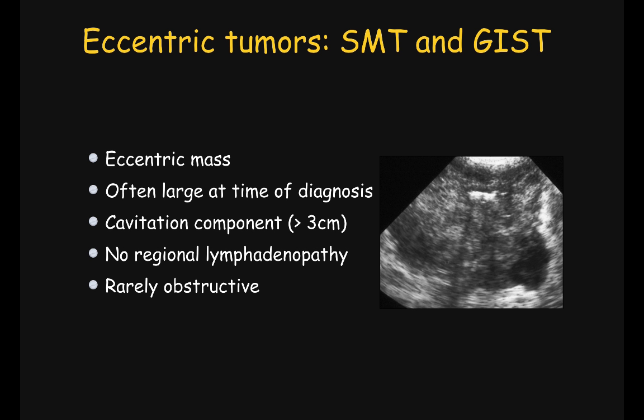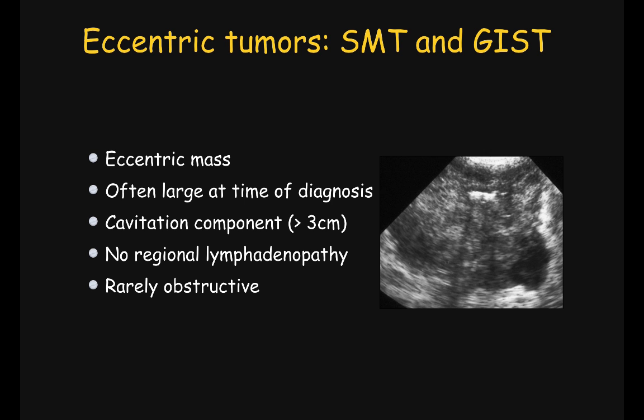The third category of GI neoplasia that we will discuss are eccentric tumors, as seen in smooth muscle tumor and in gastrointestinal stromal tumors. These lesions cannot be distinguished from one another, but they have one feature in common, which is that they are eccentric masses.